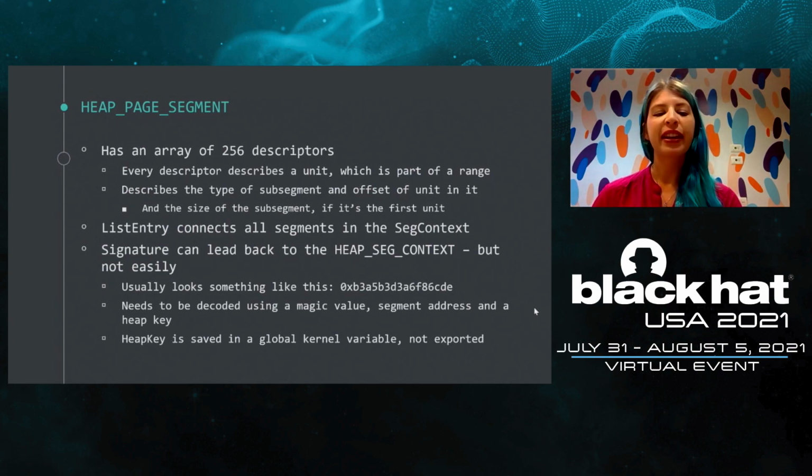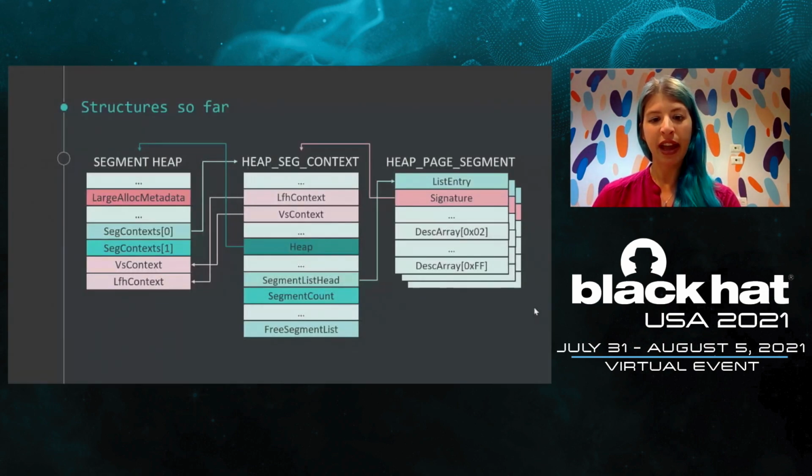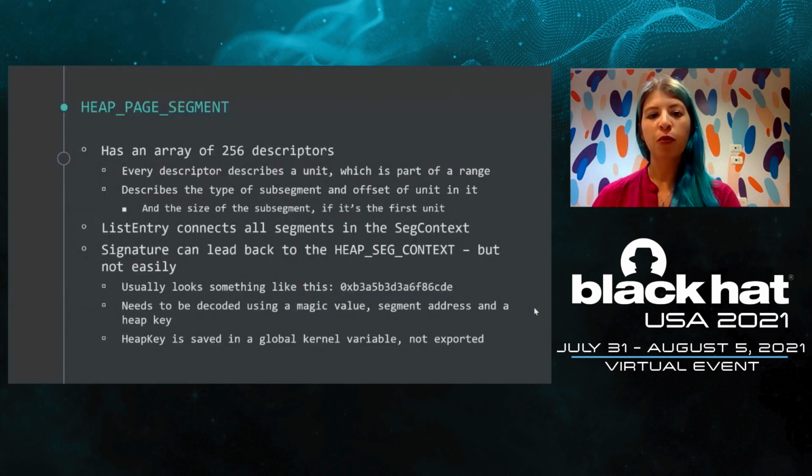Another thing that we have in the heap page segment, and we have that in this diagram, is a signature, and that signature can lead us back to the heap seg context. But be careful with the signature, because it's not a pointer. If you look at it, you'll see a value like the one on the slide that looks like complete garbage, because that's not a direct pointer to the seg context.